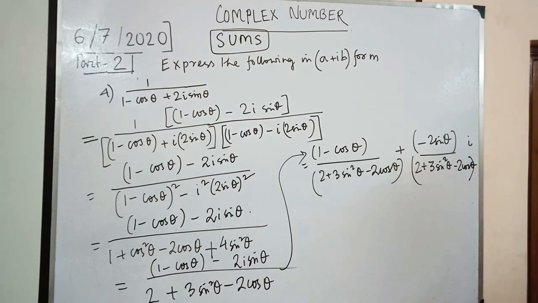So this will be the a plus ib representation of this question. So let us proceed to a different type now.